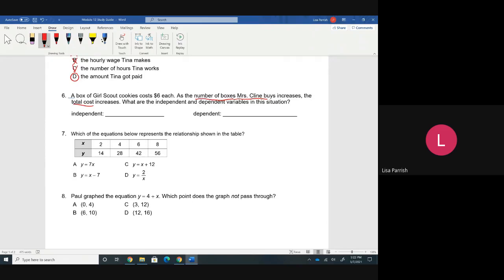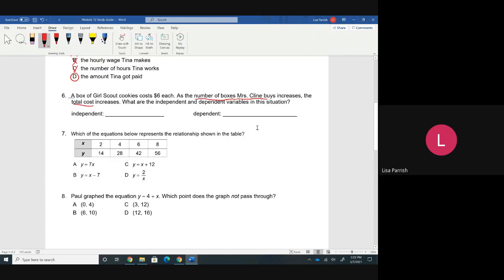Just like in the previous problem, we talked about how anytime you're dealing with a problem with money, the amount paid, the amount you spend, the total cost, all of that's going to be your dependent variable most of the time because it depends on something else.